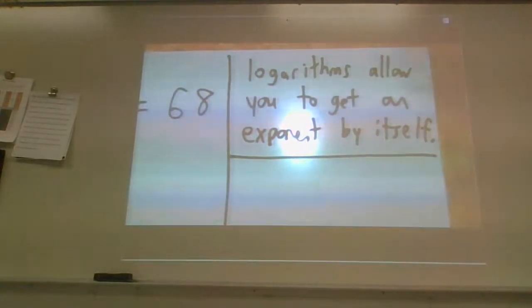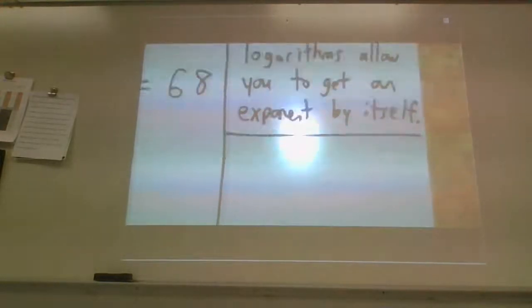If you ever have to solve for an exponent, this is the process that you could potentially go through. Now, there's multiple ways of handling this. I'm going to show you one very basic way today.